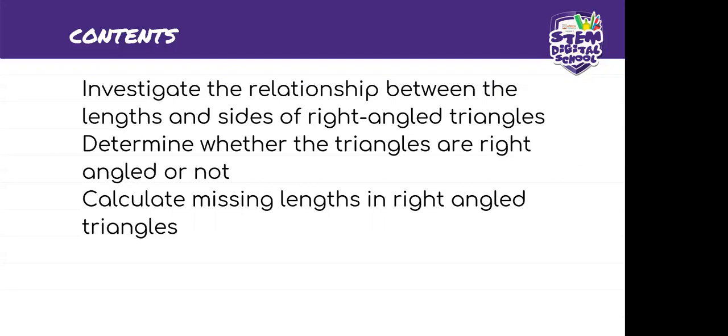So if there's any side that is missing, we should be able to calculate it using the formula that we're going to learn about on Pythagoras. What is very important is that we will also see how the formula is generated, the formula to calculate any missing value, and this must happen only in a right-angled triangle.